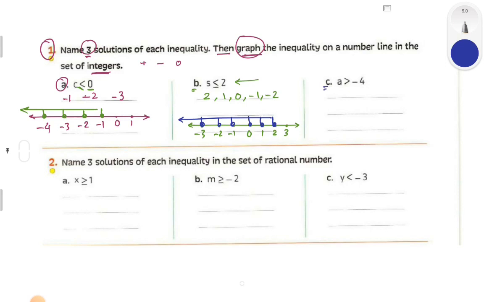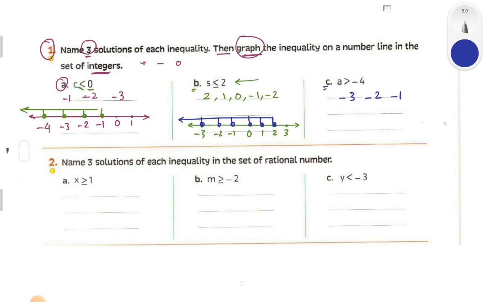C, x greater than minus 4. Greater than minus 4 may be minus 3, minus 2, minus 1. Okay, just 3 solutions.